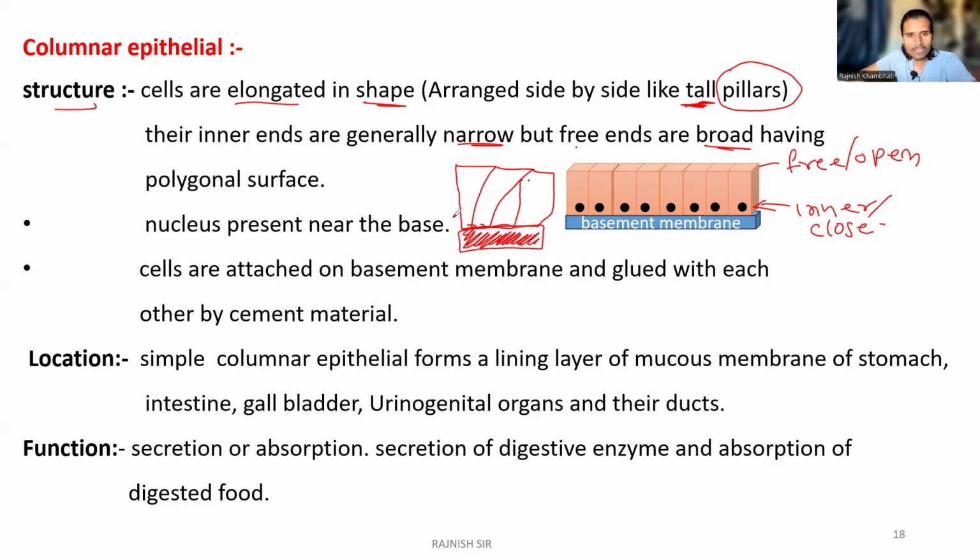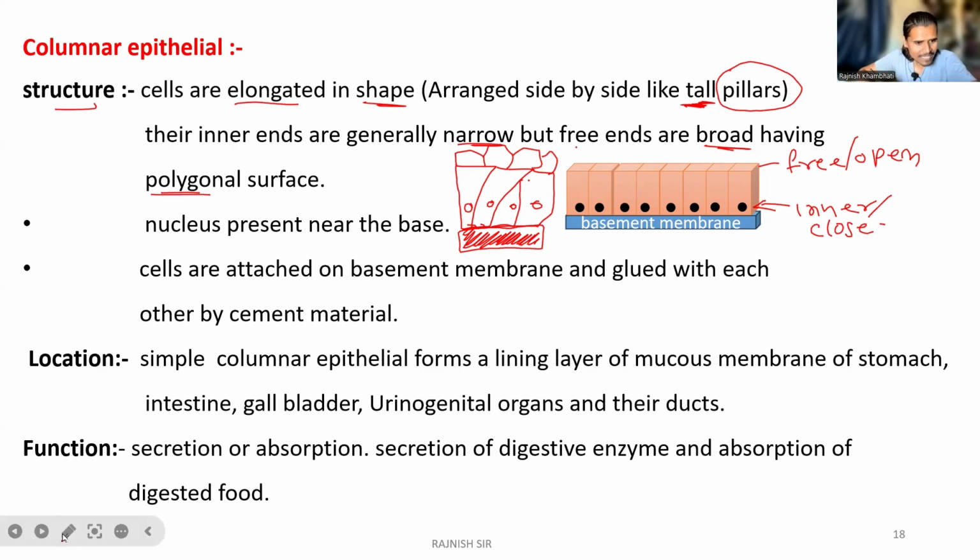So you can see this is the nucleus. And their surface is polygonal. Means when I look from this above angle, they look polygonal in shape. But when I look from the side angle, they look tall and pillar-like.